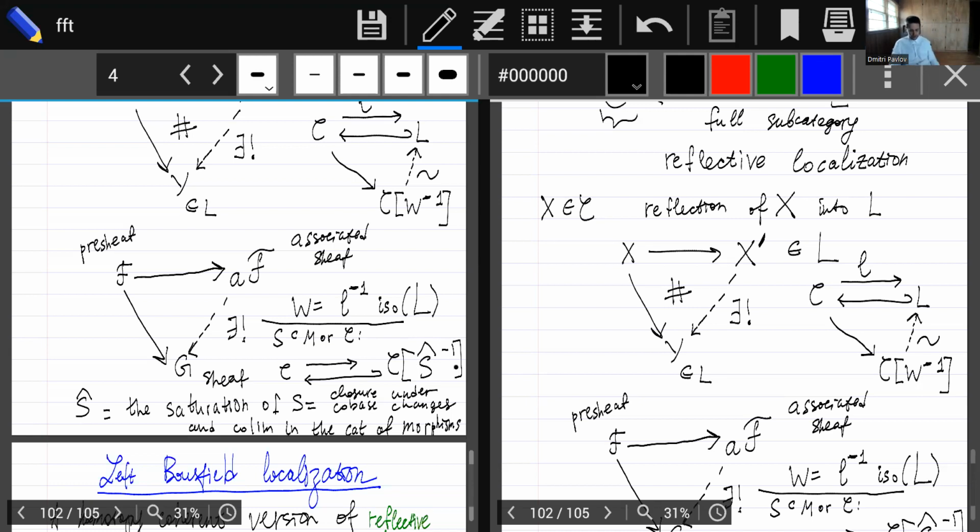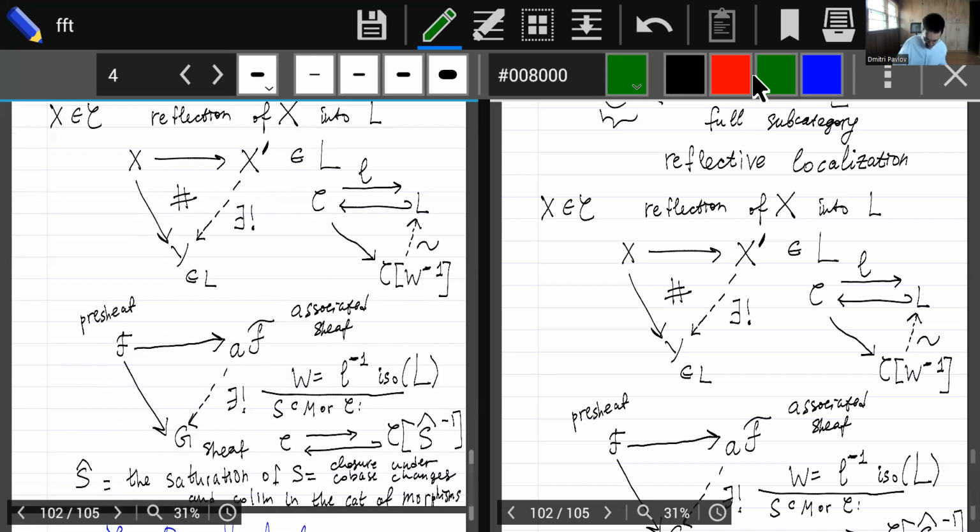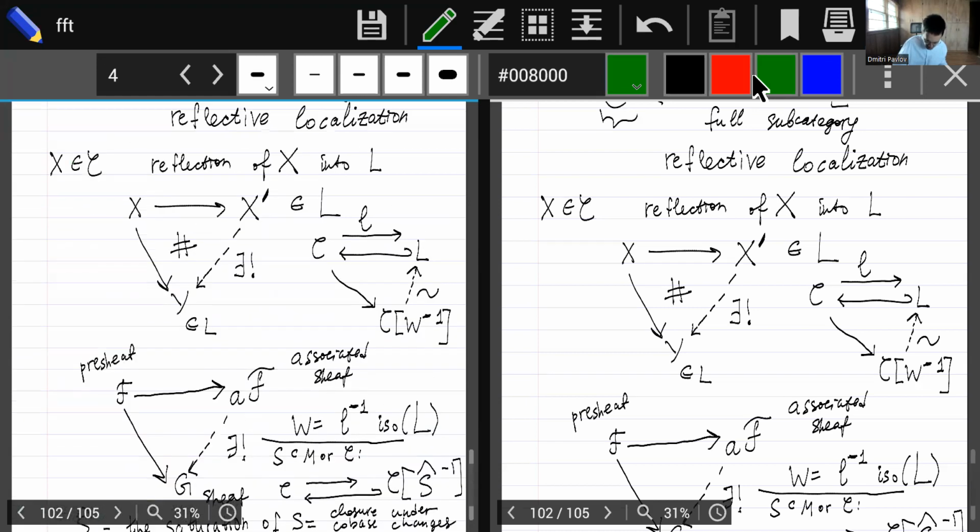And by the way, to get sheaves in this manner, in the case of sheaves, you can take for S the Čech nerves of open covers.